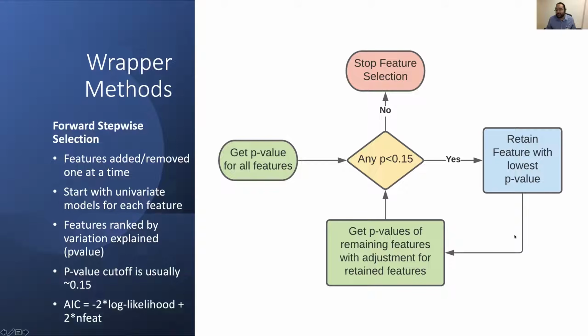No? Okay, well then do it over again, check other ones, and do it until you get an answer that you like. First of all, you're multiple testing. And second of all, this 0.15 is so arbitrary. Why this number?